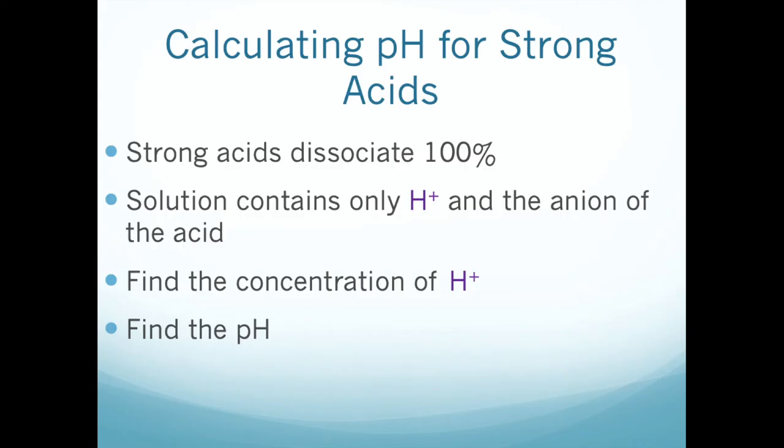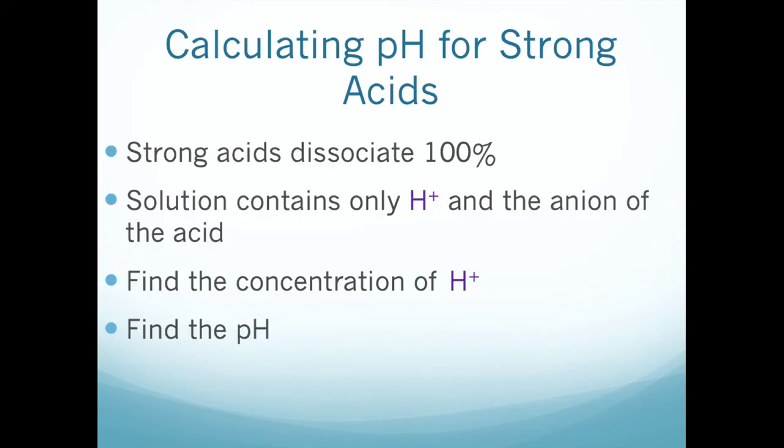So how do we calculate pH for solutions? We've seen how we can measure them using a pH meter or an indicator, but sometimes it helps to be able to do the calculations. In the case of strong acids, this is actually really easy, and the reason is that these are strong electrolytes.